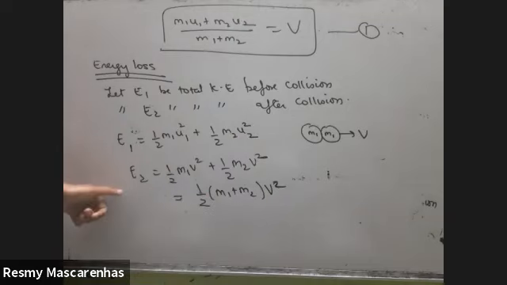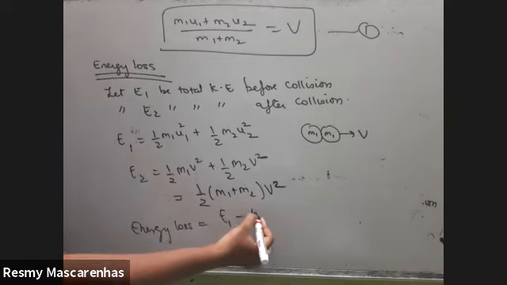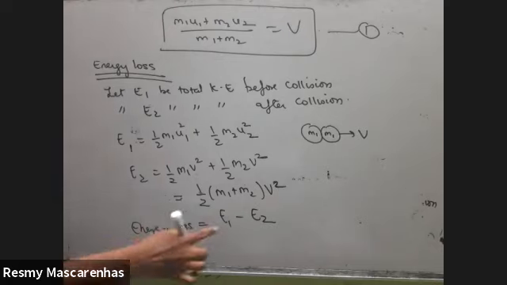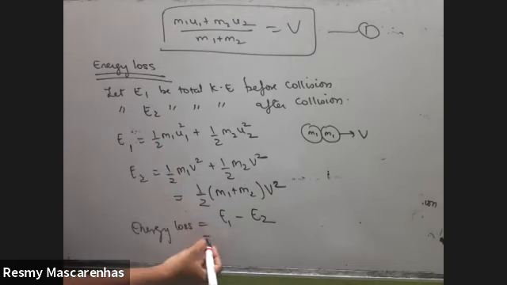So that's E2. Now we have to calculate energy loss. What is energy loss? Nothing but change in energy, E1 minus E2. Energy loss is the difference in the energy.